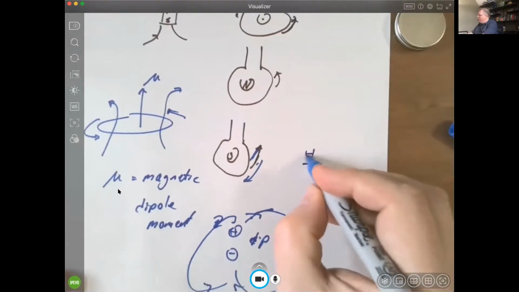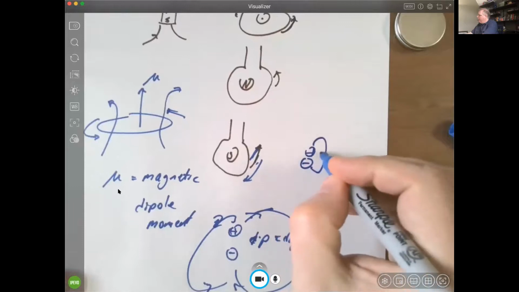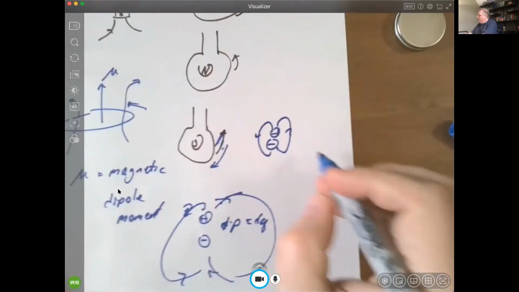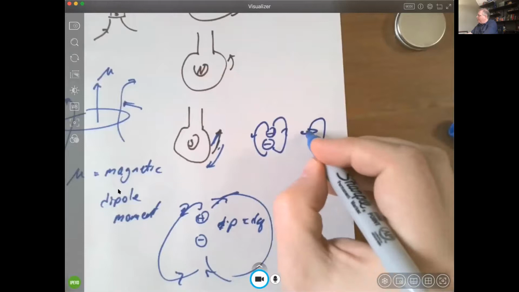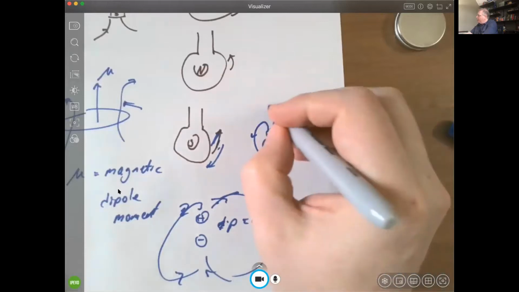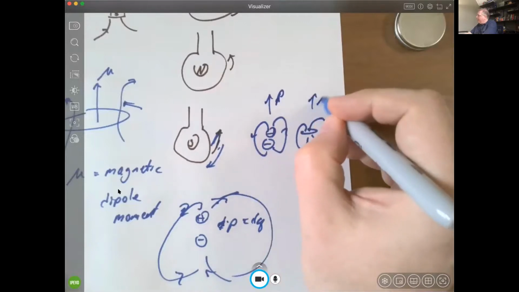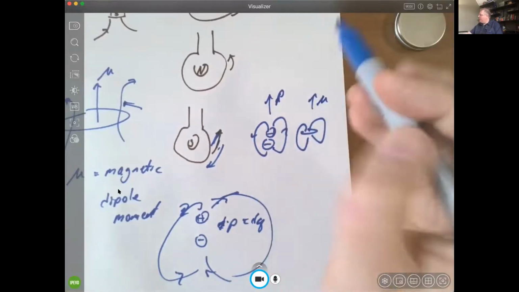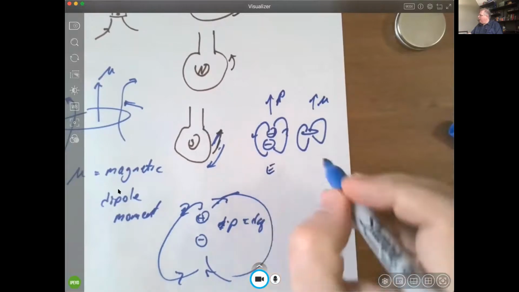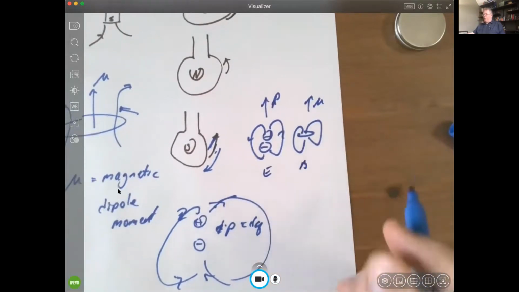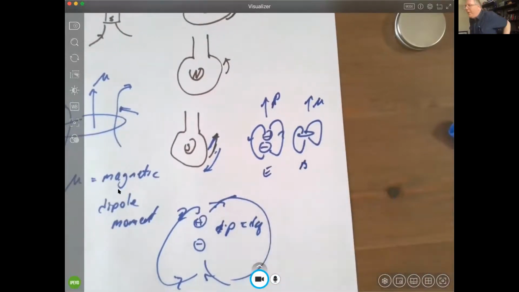So this creates electric fields, like this creates magnetic fields. This thing I could say has a dipole moment of P, and this thing has a magnetic dipole moment of mu. So this thing makes electric fields, and this thing makes magnetic fields. Even more parallels between electricity and magnetism. This is kind of neat, right?